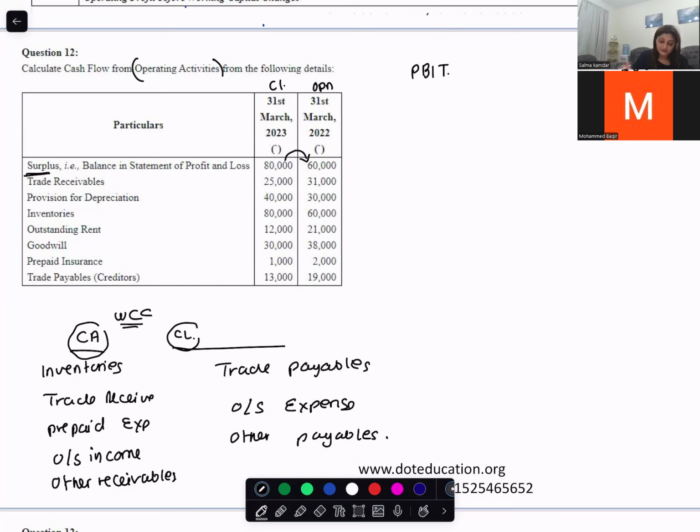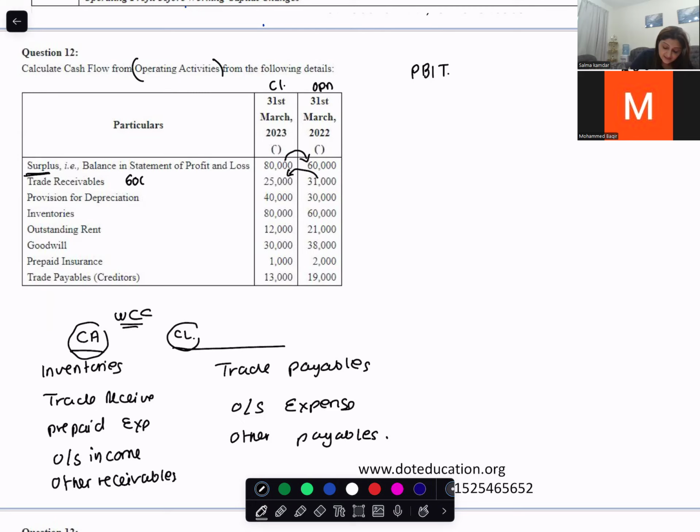So what is trade receivables? Trade receivables is a current asset. Is the current asset increasing or decreasing? It is decreasing from last year to current year, by 6,000.